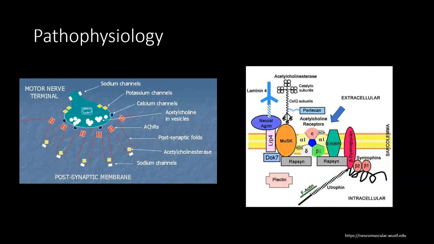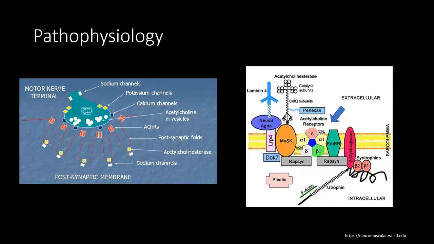On the right-hand side of the screen is a close-up of the acetylcholine receptor and the scaffolding apparatus itself. In the middle, with the arrow pointing to it, is the acetylcholine receptor, which is composed of 5 subunits, and the 2 acetylcholine molecules bind to the 2 alpha subunits.